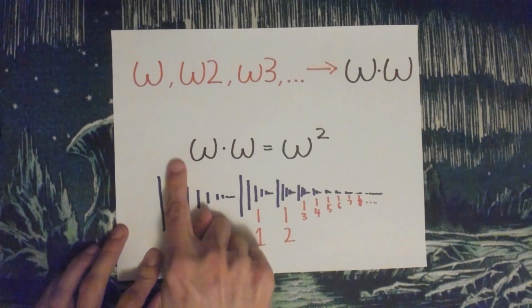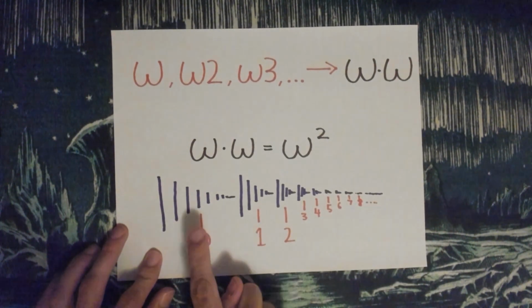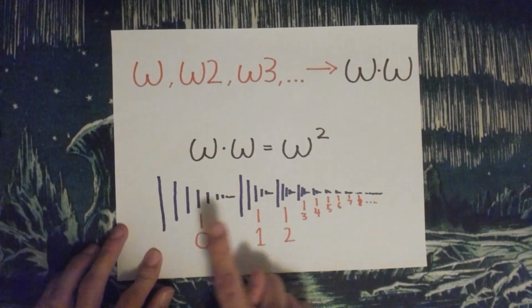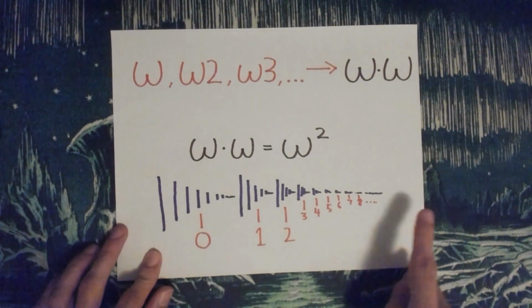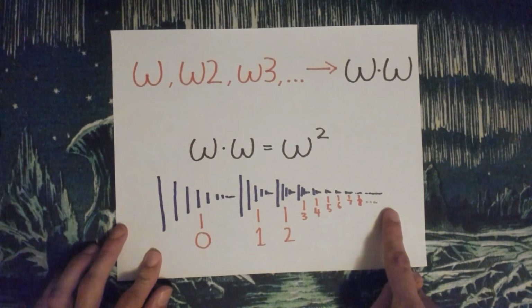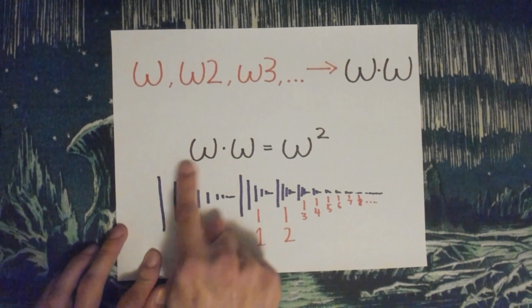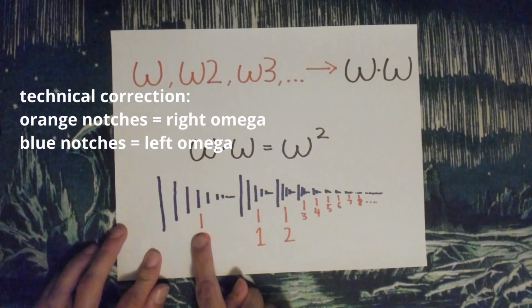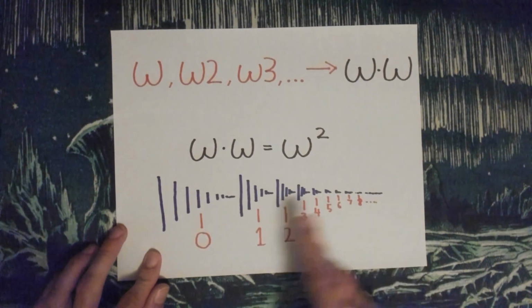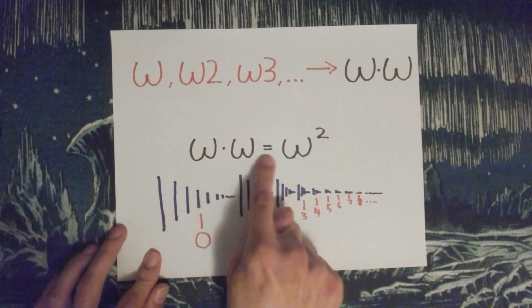So here, see these orange notches, 0, 1, 2, 3, 4, 5, 6, on and on forever. So these orange notches are like omega right here, right? And then I'm going to take each of these orange notches and replace it with a copy of omega.